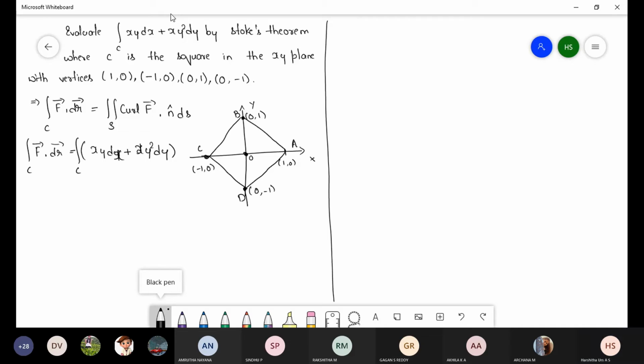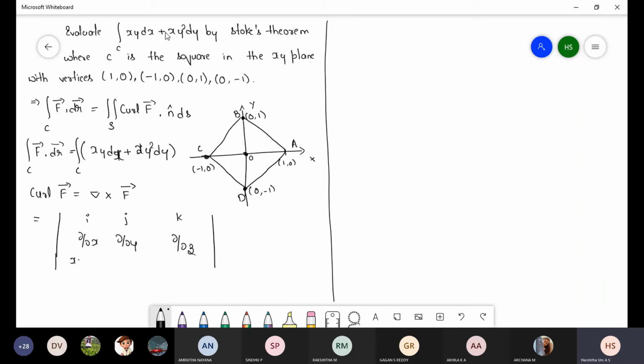Now curl vector f, that is equal to del cross vector f, that is equal to determinant i j k. In the place of del write dou by dou x, dou by dou y, dou by dou z.